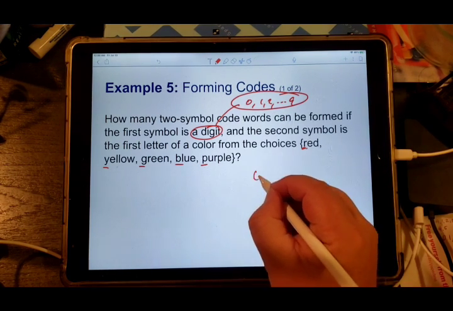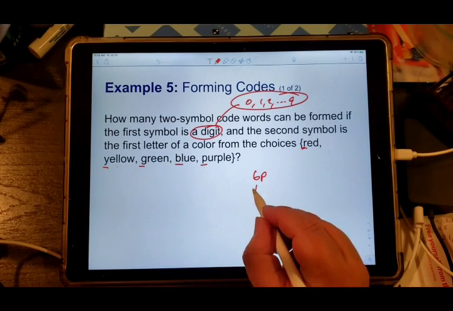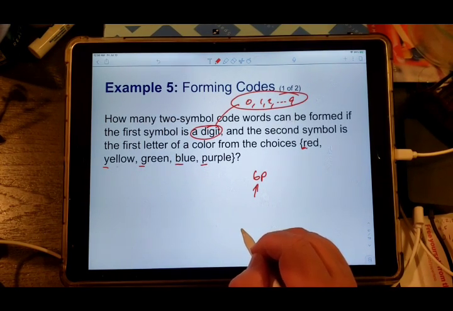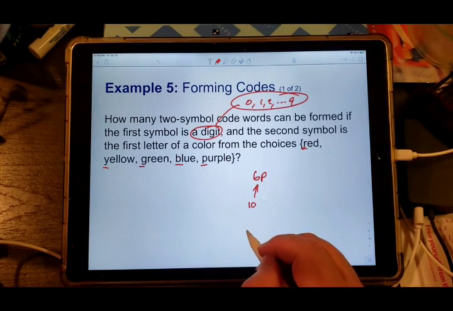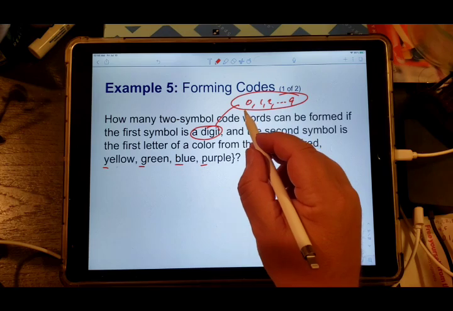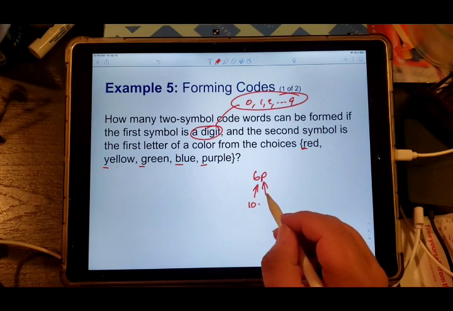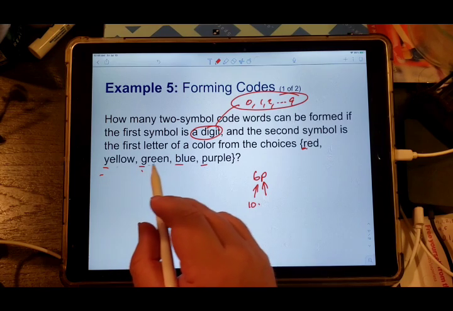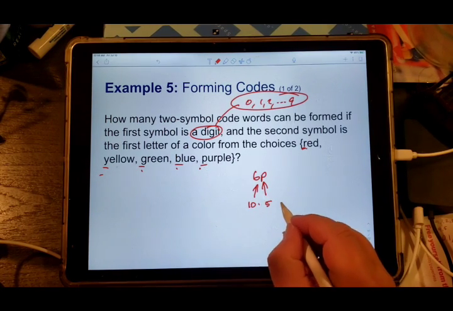So I like to put myself into this, like, all right, let's make a code. Let's say I picked 6P. Now, how many choices did I have for that first part of it, the digit? Well, it turns out I had 10 choices, because I could have picked 0 through 9. How many choices did I have for the letter? 1, 2, 3, 4, 5. I had 5 choices for the letter.